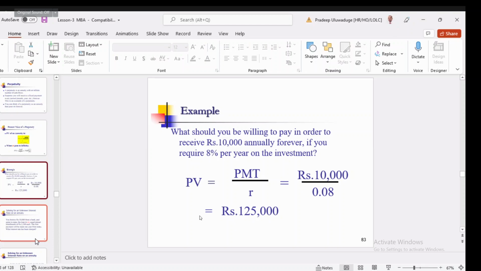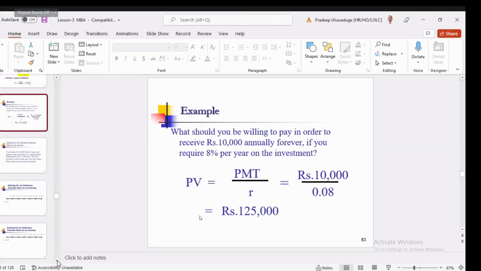So you divide it by r, which is 0.08. The present value of that perpetuity is 125,000.